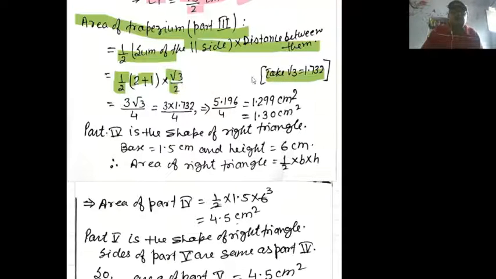The parallel sides are 1 centimeter and 2 centimeter. So 3 by 2 into root 3 by 2, that is 3 root 3 by 4.